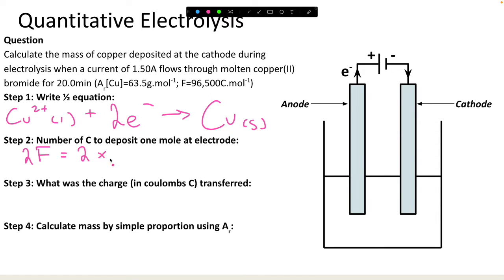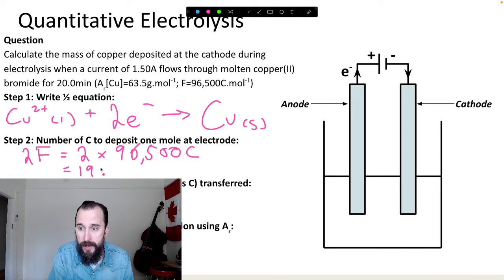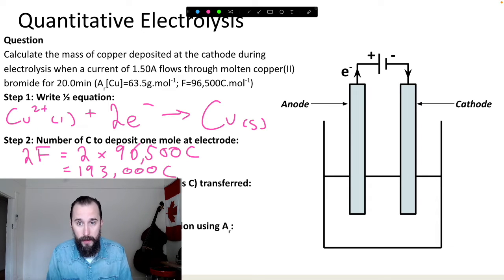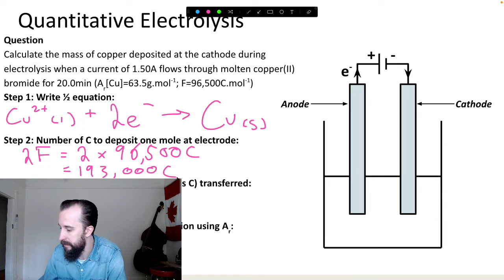So we would need 2 times 96,500 coulombs. If I very quickly get the calculator up, 96,500 times 2 gives us 193,000 coulombs of charge, because this reduction requires 2 moles of electrons.